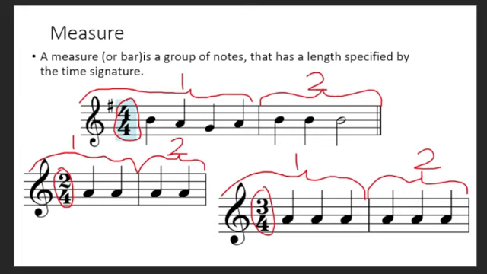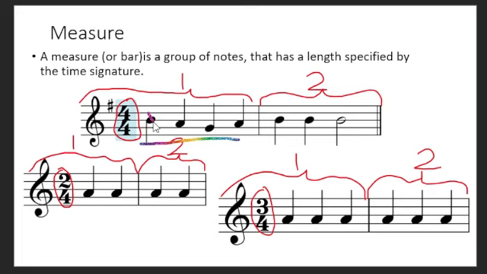A measure or a bar is a group of notes that has a length specified by the time signature. How many beats are there between the measures? For example, when you look at this, you find that we have 4 crochets in this bar: 1, 2, 3, 4.